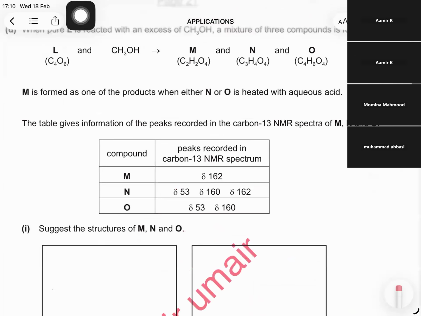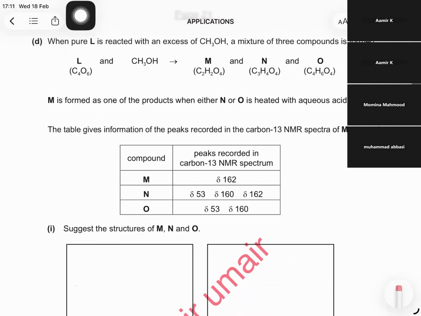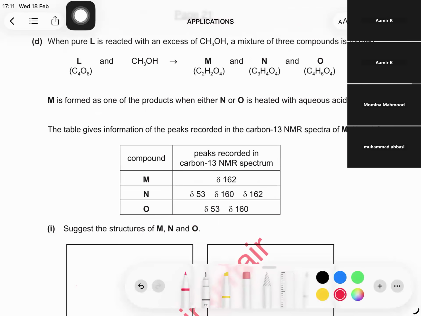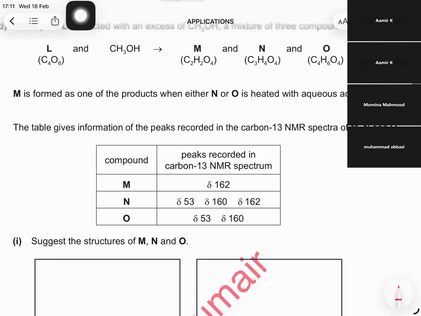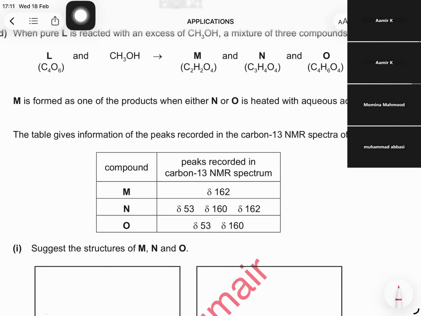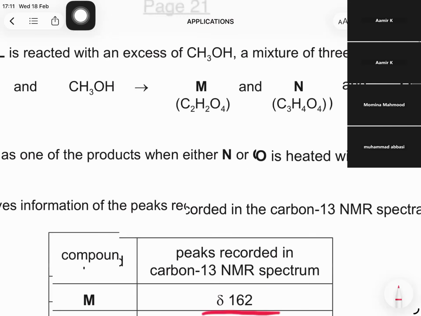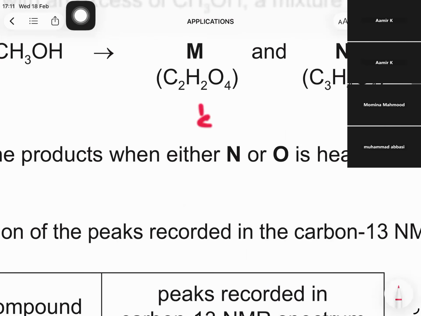Now look, for example, starting with M. M has only how many peaks? One peak, and that is also in the range of carboxyl, right? So if there are two carbons, now I can predict about this. It should be this one, the dioic acid.